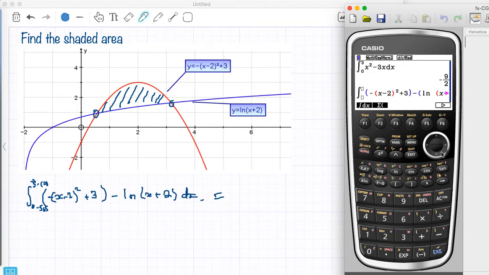And now I need to put in my limits. So my smaller limit was 0.565 and my upper limit was 3.17. And that should work out the area, which is 2.82.